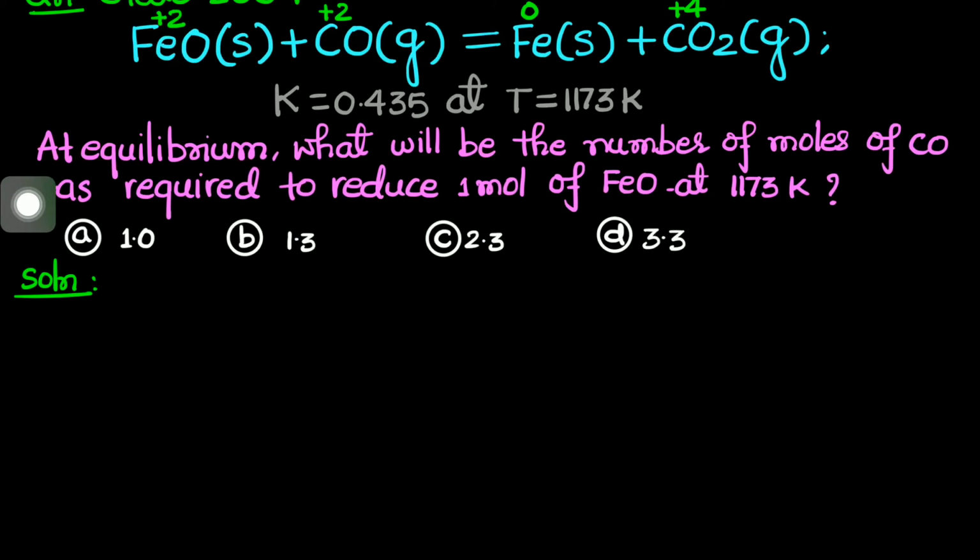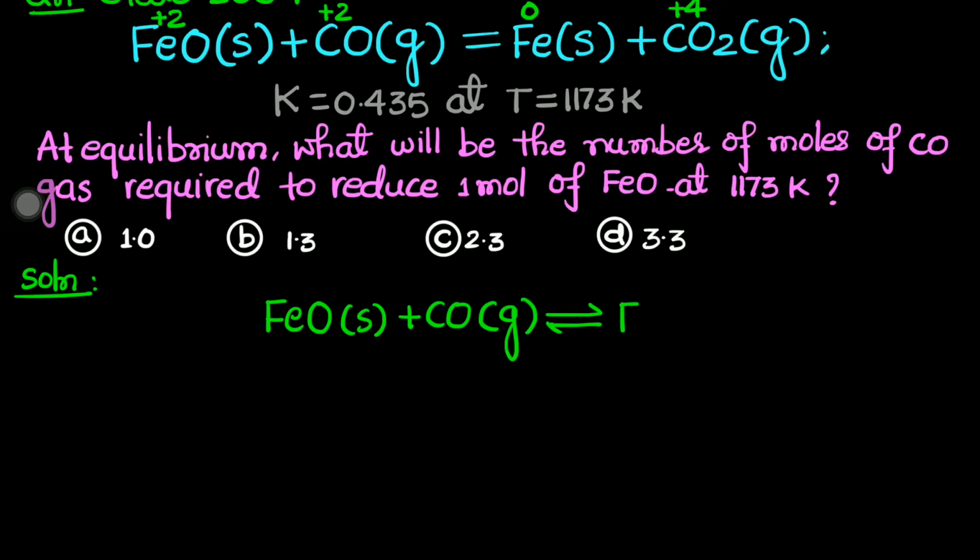So let's write this reaction: FeO solid plus CO gas, in equilibrium with iron solid, that is the reduced product, plus the oxidized product, that is CO2 gas.